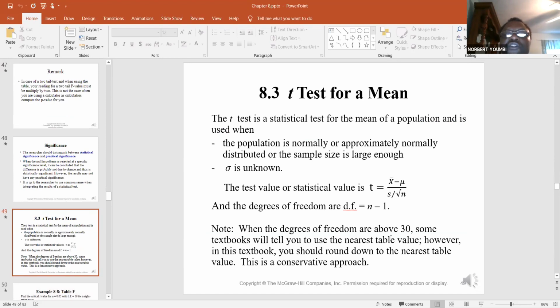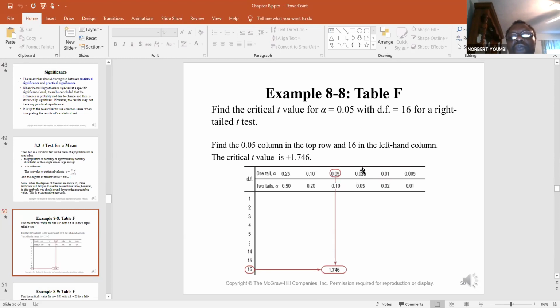So section 8.3 is when sigma is unknown. If you understood what we did in 7.3, that's essentially the same thing here. If the population is normally distributed or the sample size is large enough, we use the t distribution when sigma is unknown. The degree of freedom is n-1. Here, to find the critical value, you go to the t distribution.